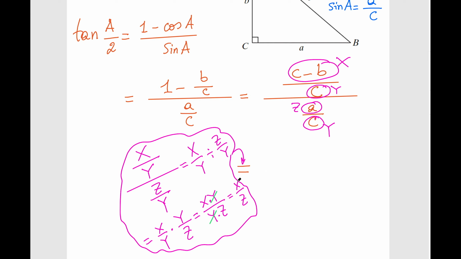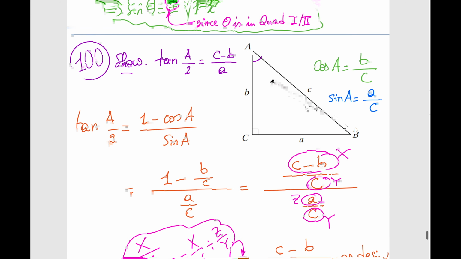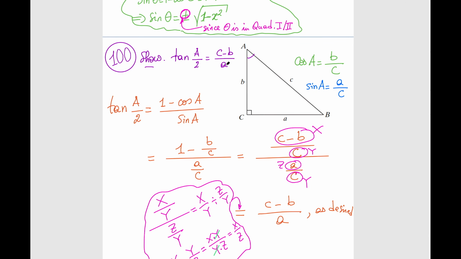Well, this is X over Z. All this quotient is simply X over Z. So it's c minus b over Z, which is a. Correct? As desired. This is what we wanted. This is c minus b over a. Okay, so that's the end of the section.